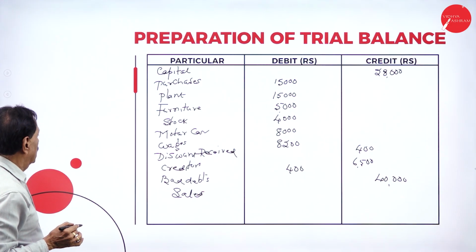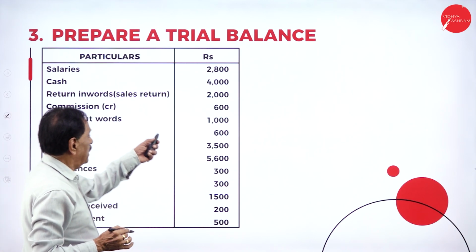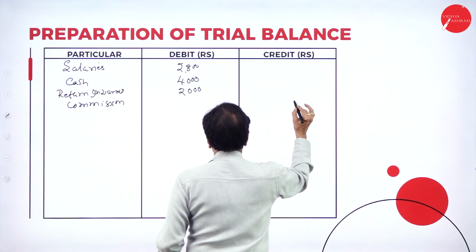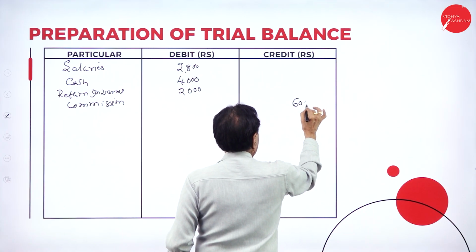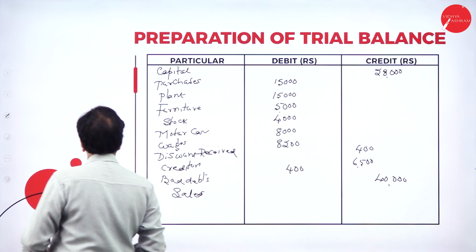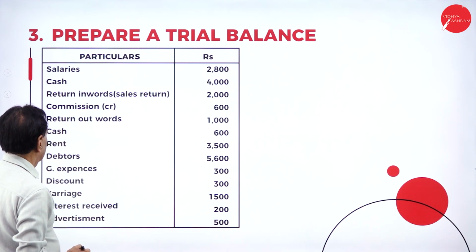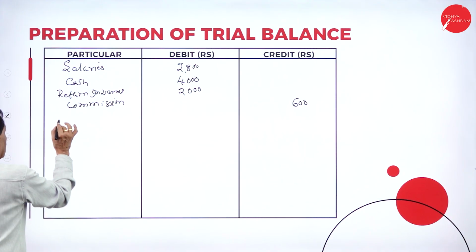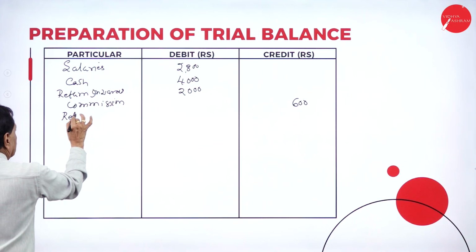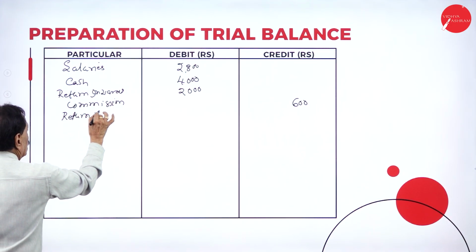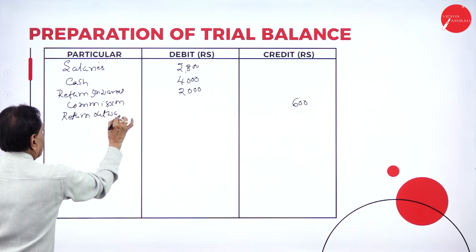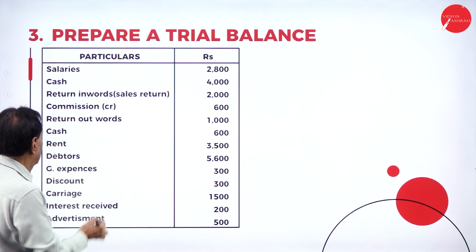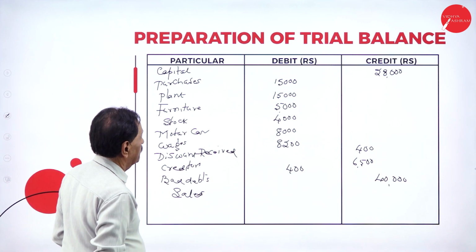Commission 600. What next? Return outwards. This is purchases return, 1,000.